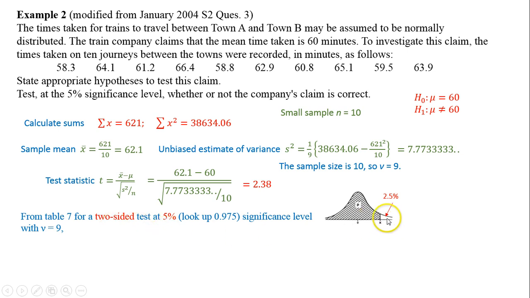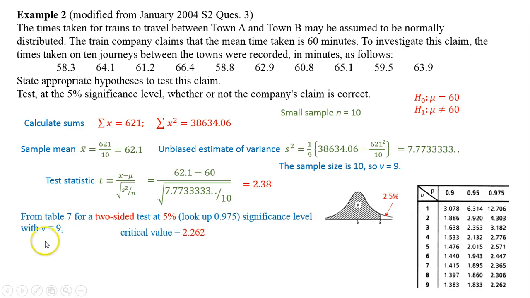So if it's two-sided, I've got 5% either side. So I'm looking up 0.975 with nu equal to 9. So 0.975 in table 7, nu is equal to 9, so I've got 2.262 as my critical value.